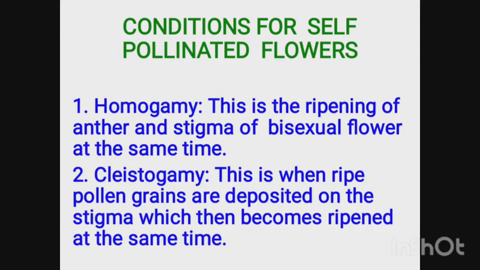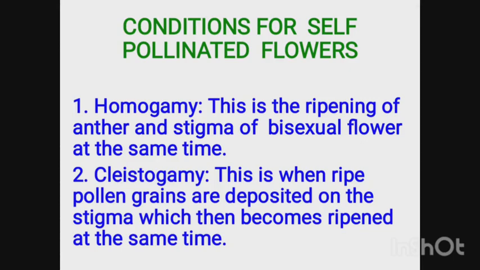Number two, we have cleistogamy. Cleistogamy is when ripe pollen grains from the anther, which is the male sex gamete of the plant, are deposited on the stigma, which then becomes ripened at the same time.